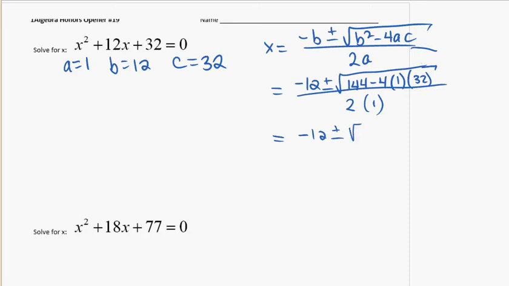So the square root of 144 minus 128, all over 2.